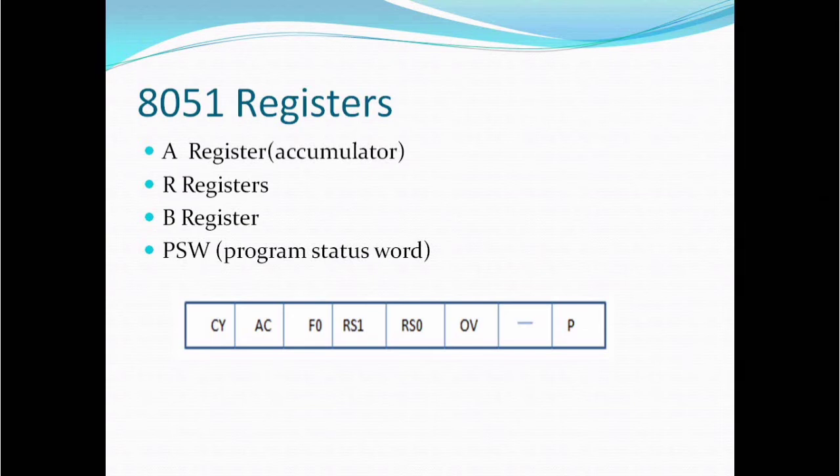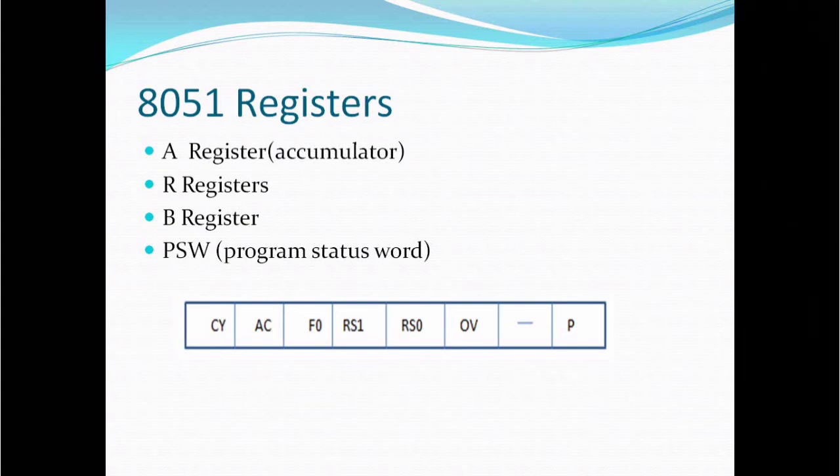There are total R0 to R7, so 8 general purpose registers available, and there are 4 different register banks, and each bank contains 8 registers. These register banks can be selected by using the bits RS0 and RS1 in the PSW register. These registers are also used for storing temporary data or temporary variables and intermediate results, similar to the accumulator.